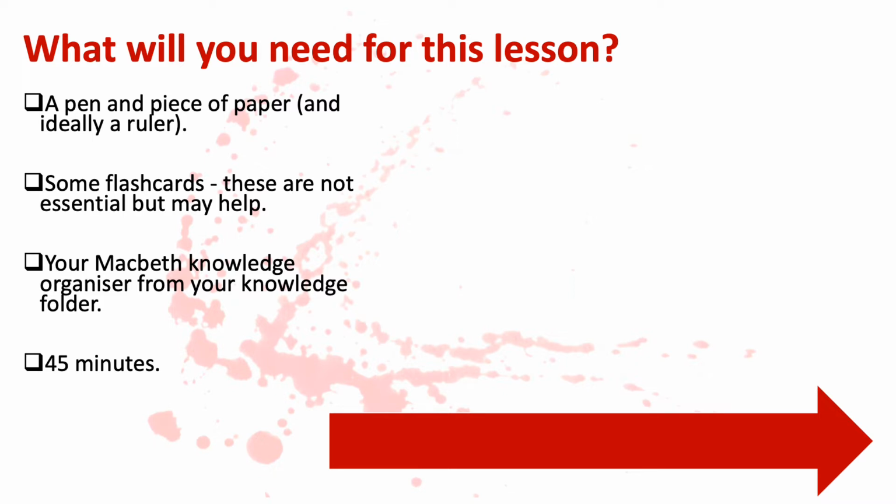You could benefit from some flashcards. These are not essential, but they may help, and there will be parts in the video where I suggest you make a flashcard. You are absolutely going to need your Macbeth knowledge organiser from your knowledge folder, and I suspect you're going to need about 45 minutes to go through this lesson. So let's make a start.